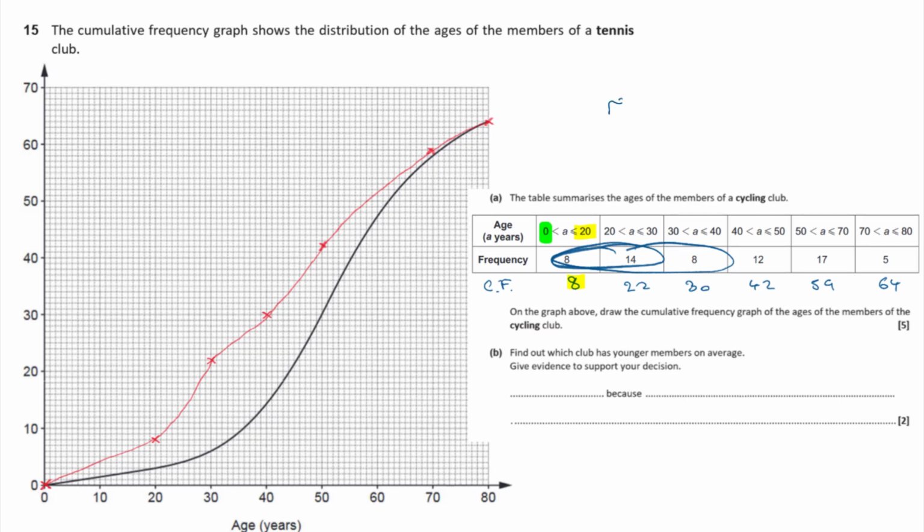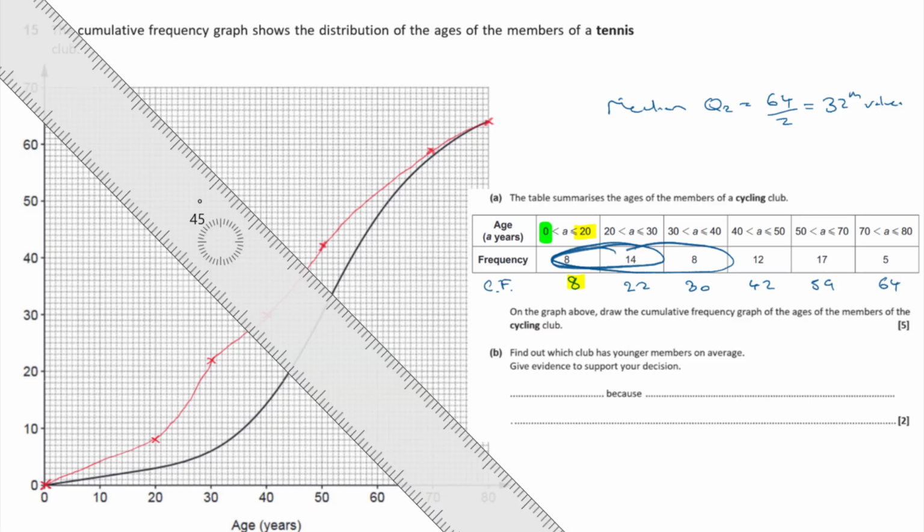The median, which we often call Q2, is take our 64 values. You would normally add 1, but with the amount of 64, it doesn't really matter so much. I'm just going to do 64 divided by 2. It's the 32nd value. Average is kind of in the middle. So the middle of 64 is going to be at 32.